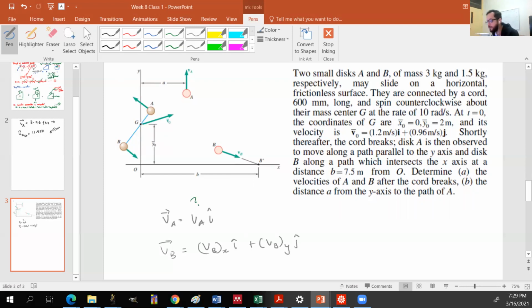The number of unknowns that we have is 1, 2, and 3. B has two unknowns because we don't know anything about its direction, whereas VA, we are told, is traveling vertically up.